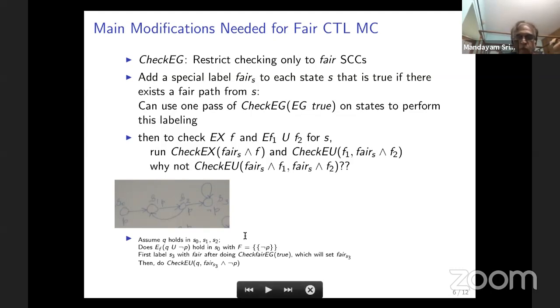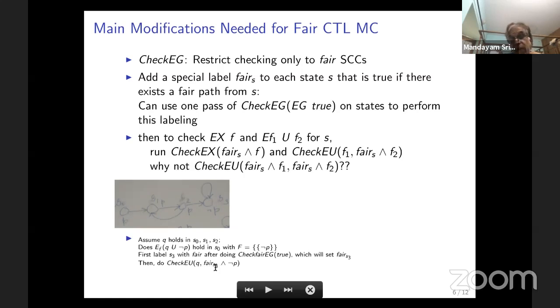When you run check fair on EG true, you obviously have the fairness label true for each of these states, including S3, okay? And then you do this, okay?